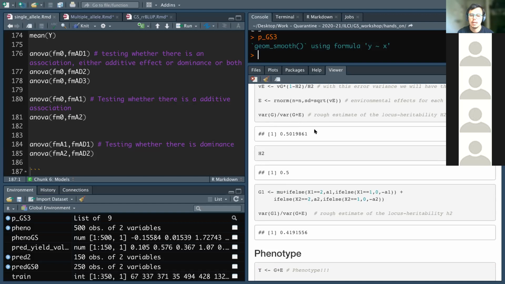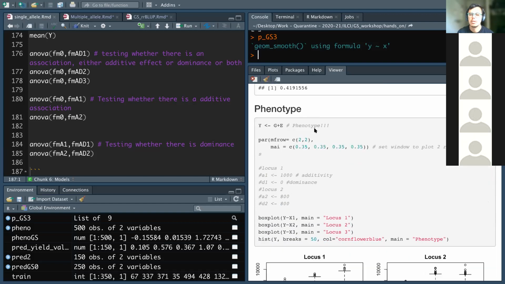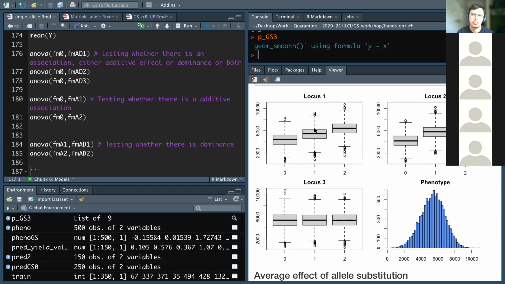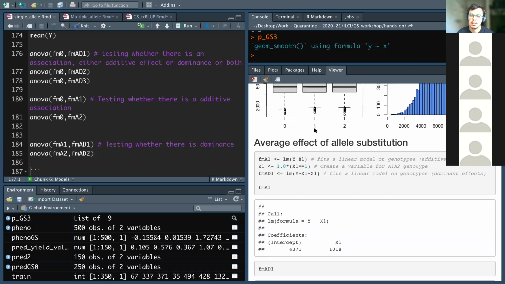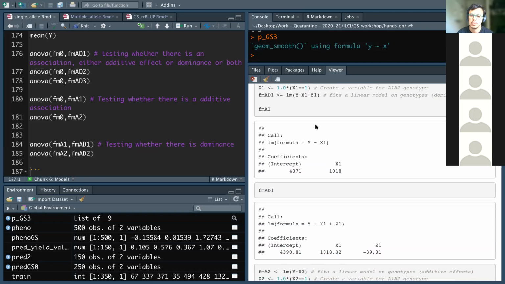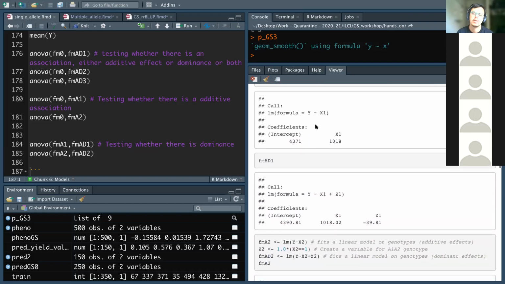That is a really good way to share information with your lab mates, and a good way to reproduce your results.